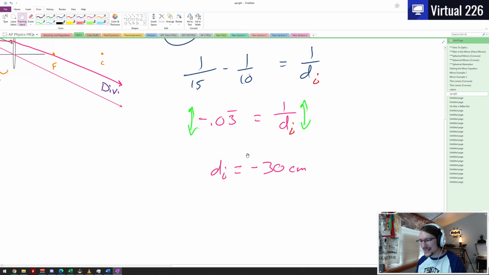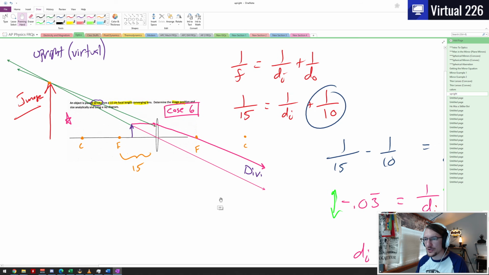Now, does that actually make sense? Let's think about it. Does the image appear where the light actually is? If we go back to our image, the light is physically down here where the rays are diverging. But we see the image back up here. There is actually no light up here.